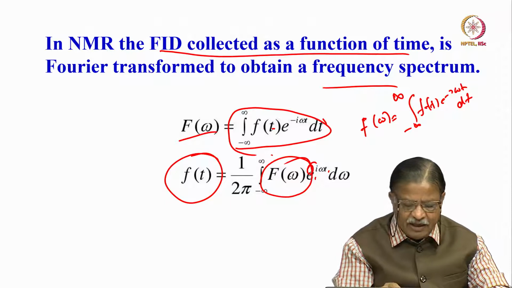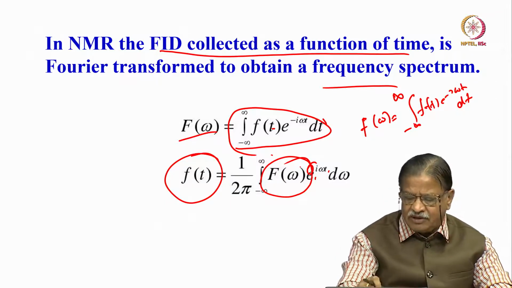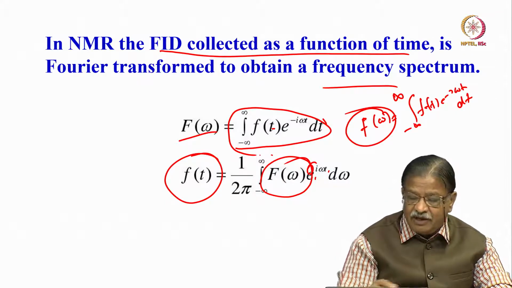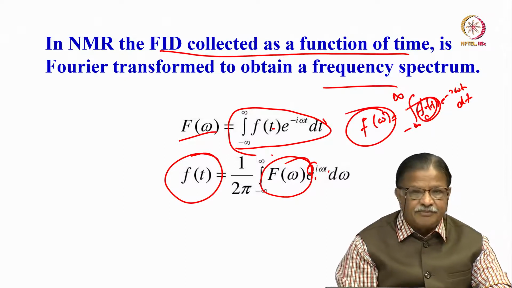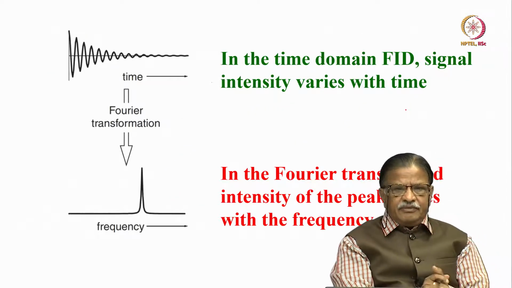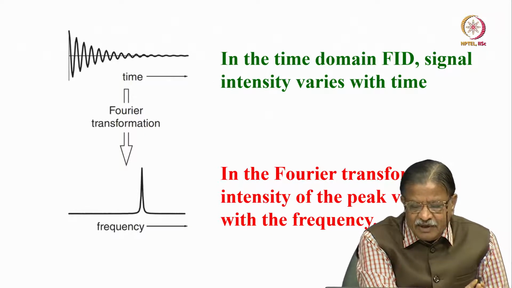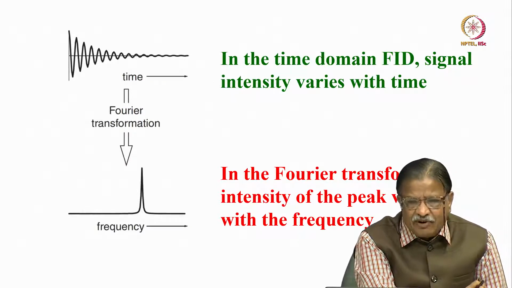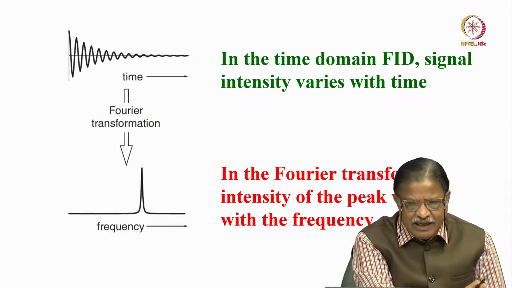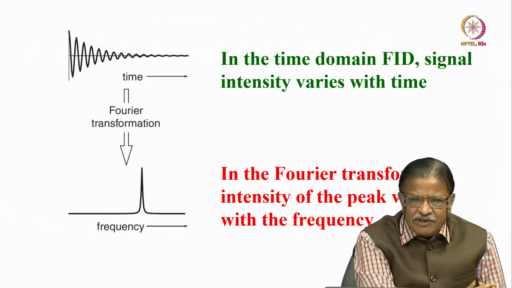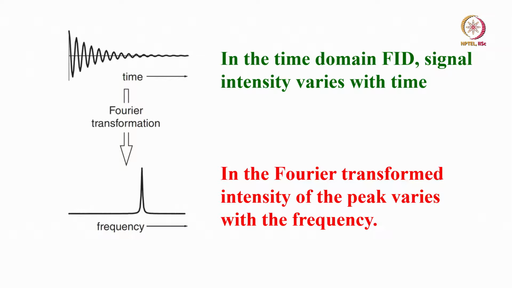With it you can go from the frequency domain back to the time domain signal. The time domain signal is what we call the FID, as I explained in the very first class. The signal intensity varies with time.